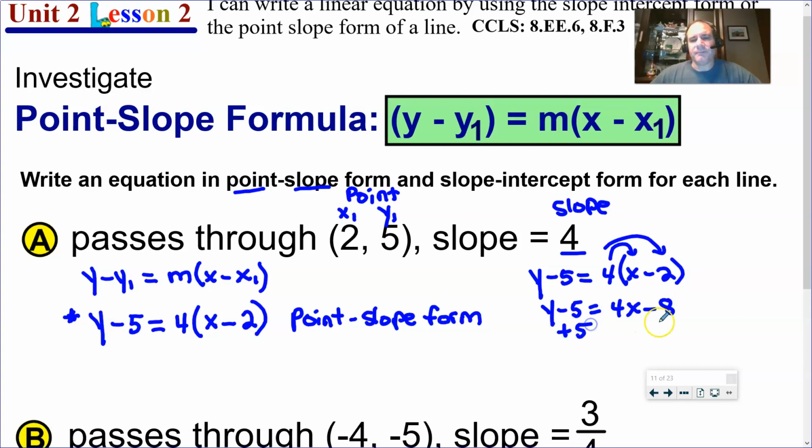Then you add 5 to both sides. And you're going to get 4x minus 3.